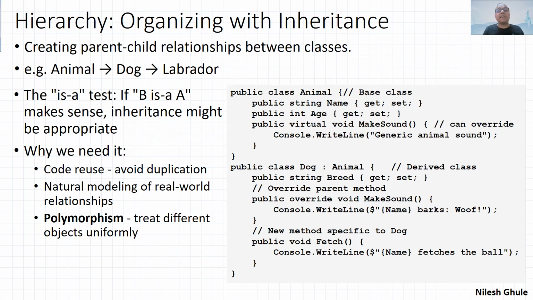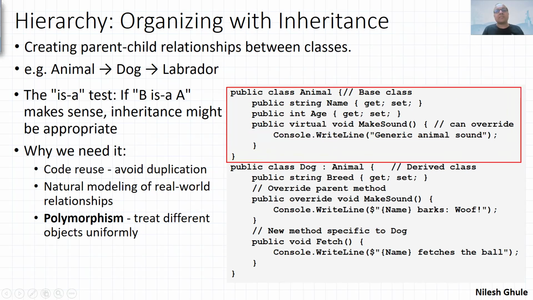And here is a C-sharp example in front of you. This example writes one simple animal class. The animal class has some data like name and age, and it also has a method like make sound. Since it is an animal which can have any generic sound, I have written a simple WriteLine statement accordingly.